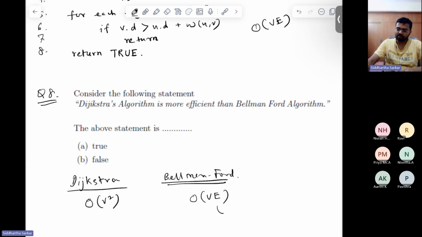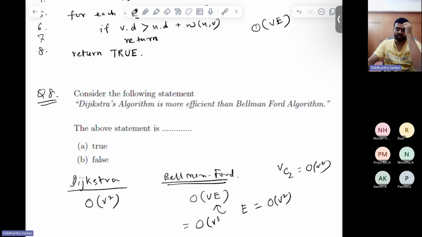So E can be how much in terms of V? In the worst case, it is order V square. So Bellman-Ford could be as large as order V cube.